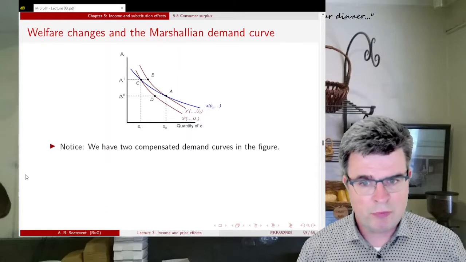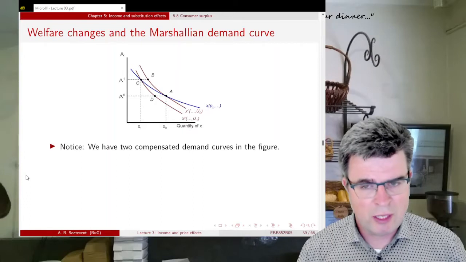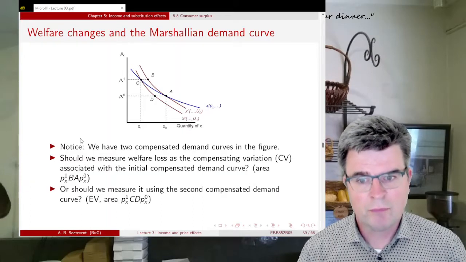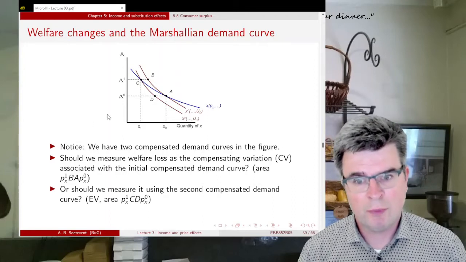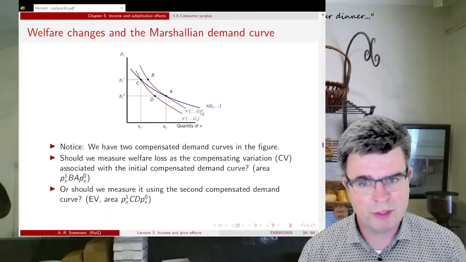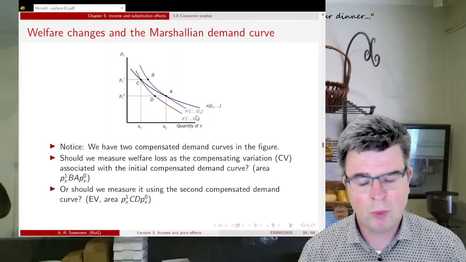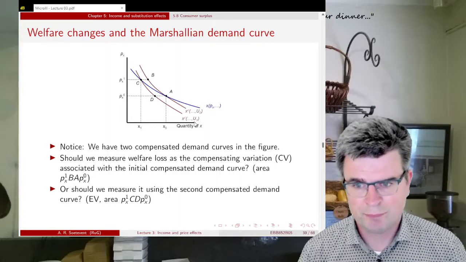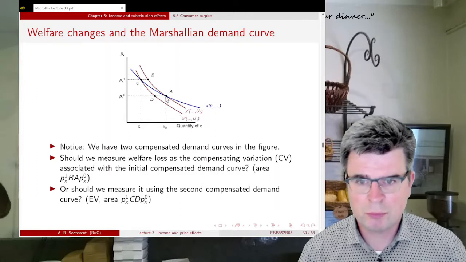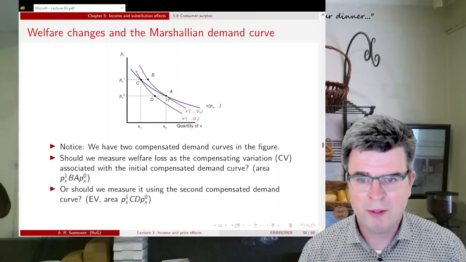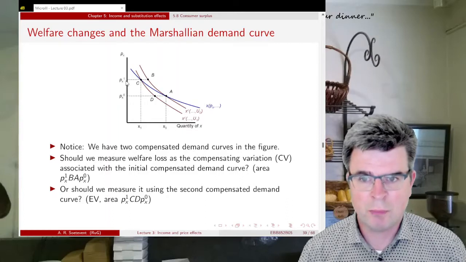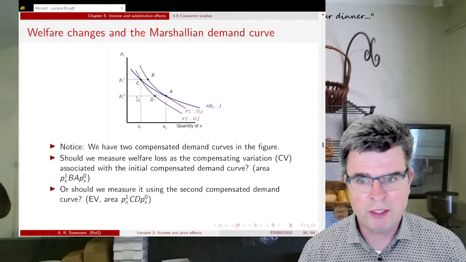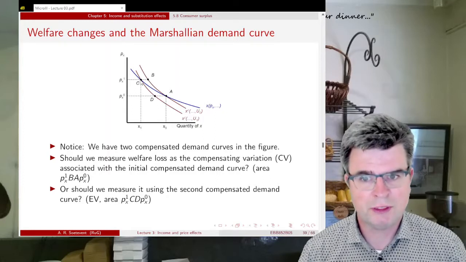So we have two compensated demand curves, and it's not exactly clear whether we should measure the welfare loss with the initial compensated demand curve, with the initial utility level, or with the utility level after the price change. That makes a difference, because in the first instance we get the area A, B, P0, P1, B, and in the second case we get a much smaller area D, P0, P1, C.